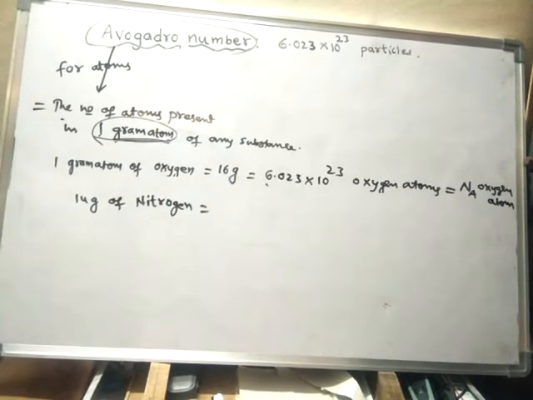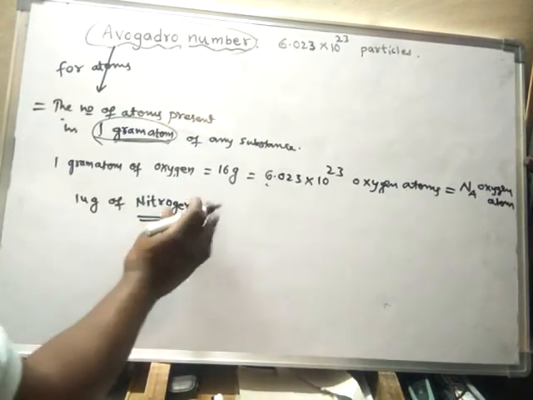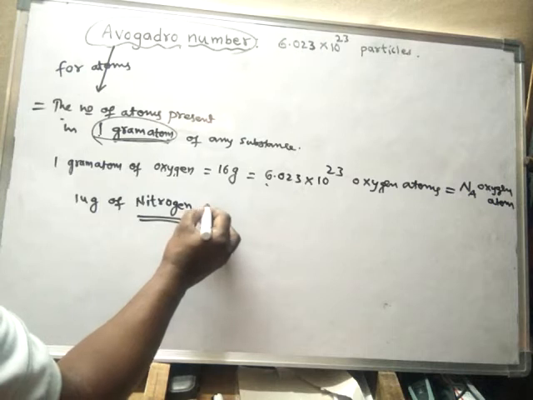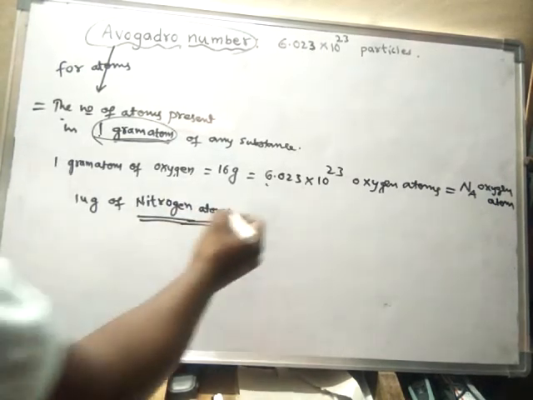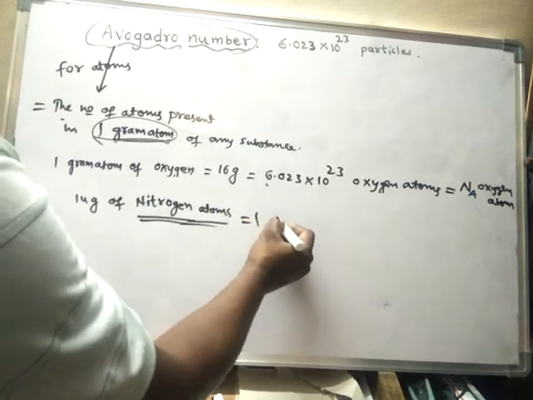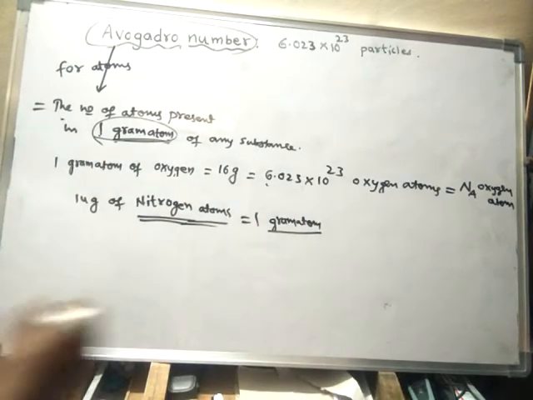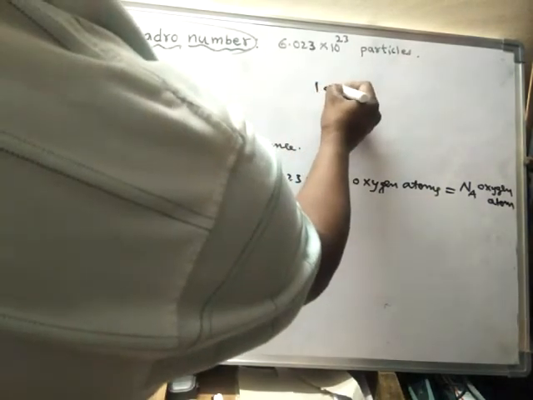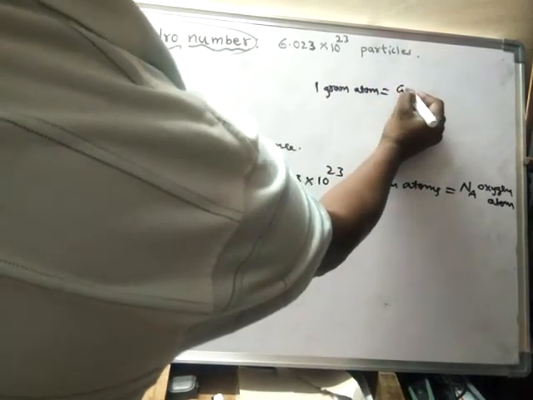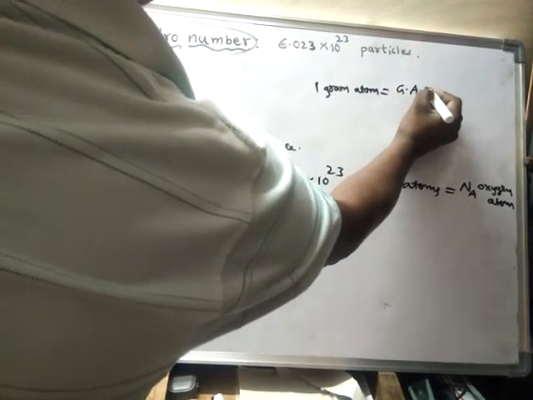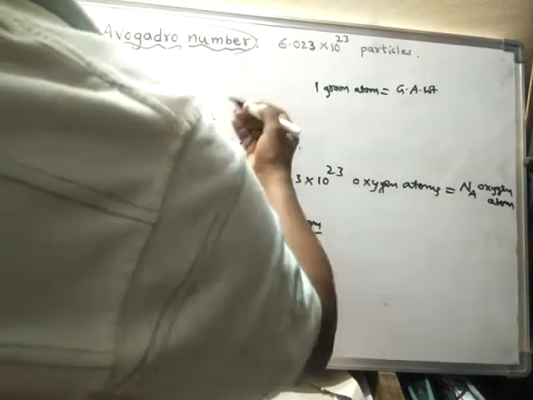According to the table we have already seen, nitrogen is the nitrogen atom. 14 gram of nitrogen atoms I have taken, so exactly it will equal 1 gram atom. Generally remember that 1 gram atom is equal to gram atomic weight.